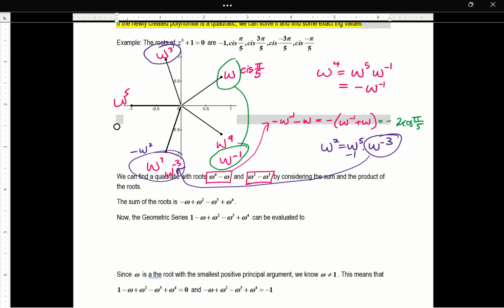And since in this case we didn't add them, we decided to subtract. That'll help us because W squared is minus of W minus 3. And then we minus off W3, so it's minus of the sum of them.